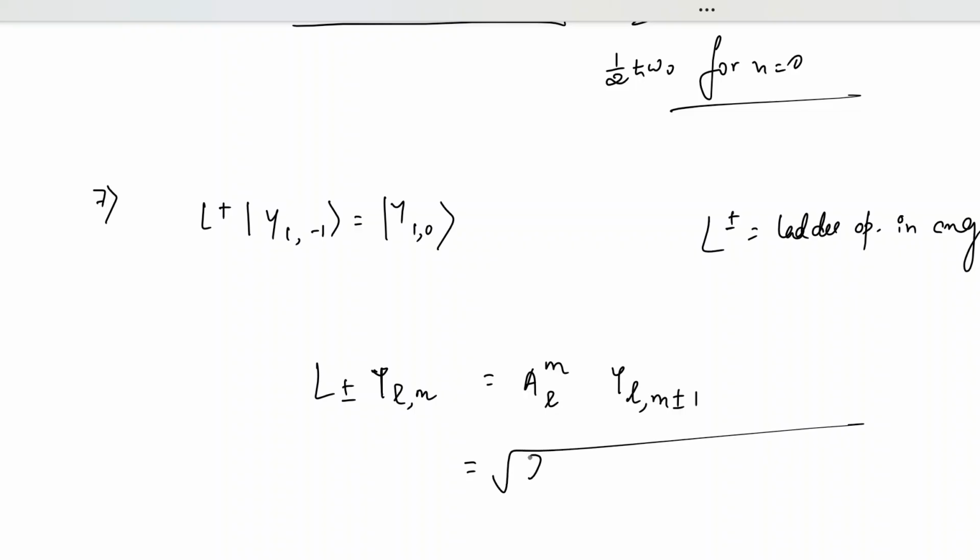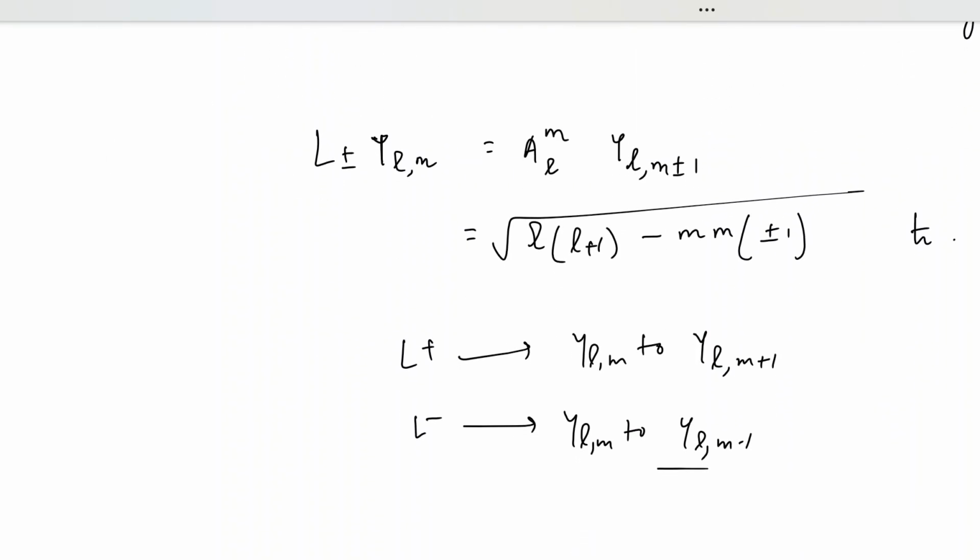So the coefficient value is a root over L into L plus 1 minus m into m plus minus 1, times h cut outside the root, and Yl m plus minus 1. So L plus operator changes Ylm to Yl m plus 1 with some prefactor, and L minus changes Ylm to Yl m minus 1 with some prefactor. So this is the definition.